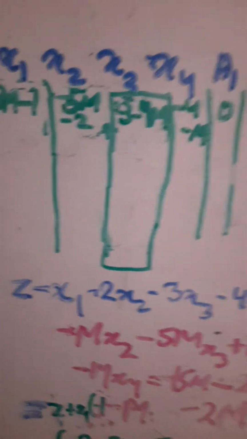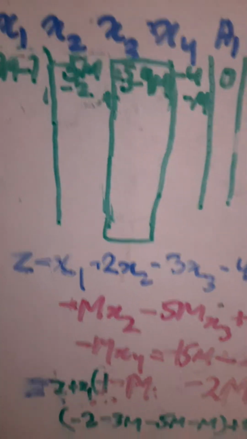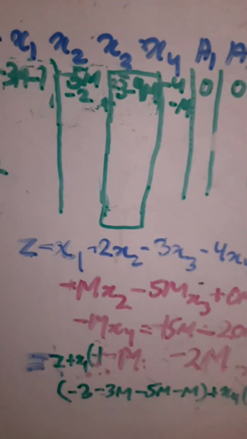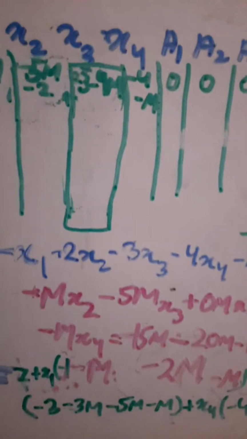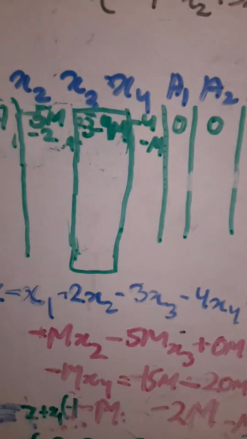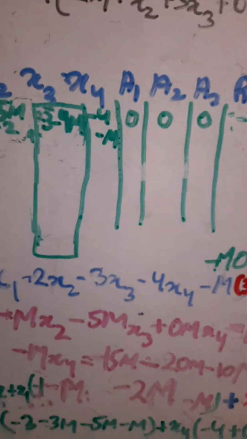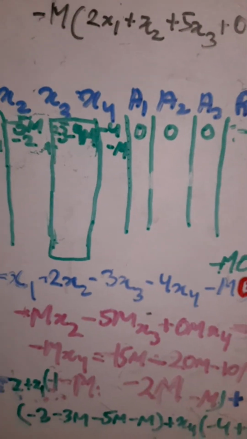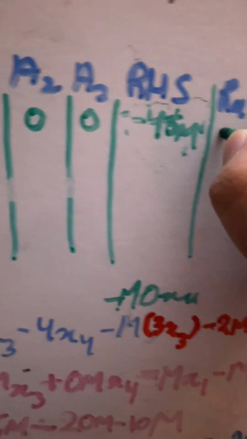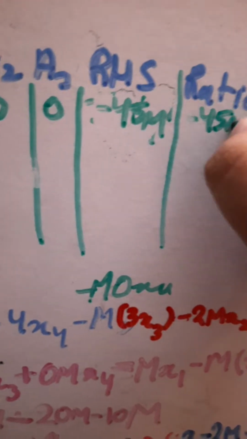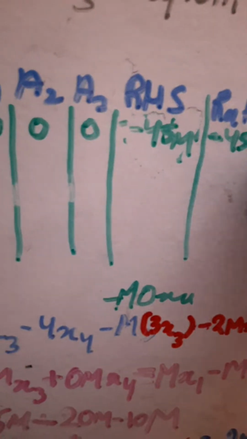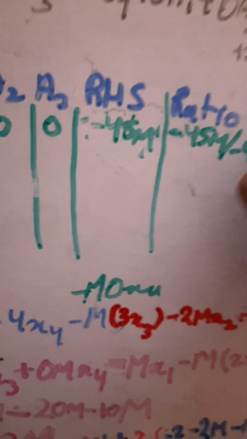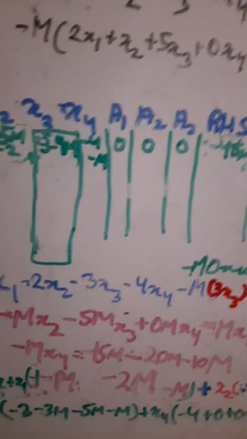Okay, our key column. Now let's substitute the other things like A1, A2, A3. We also have to divide RHS by this key column. So let's do this, 45, minus 45m by minus 9m, by minus 9m, minus 3. Simple.